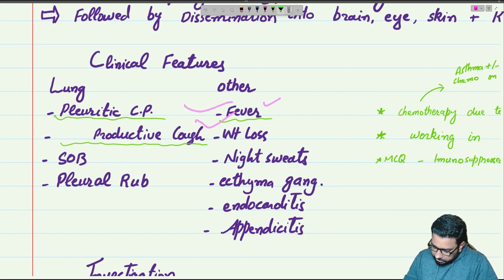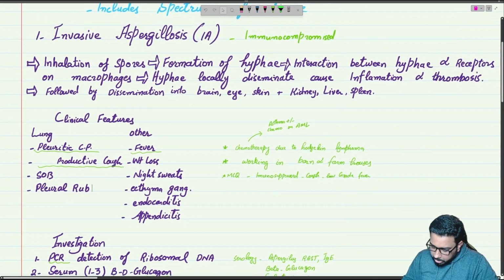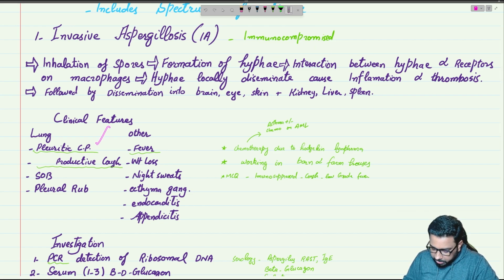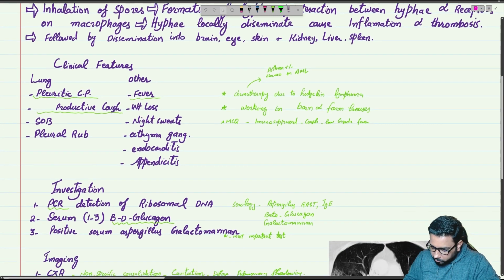So all these things are there. The most important thing to differentiate whether it is invasive aspergillosis or the chronic form, in the question, is hemoptysis. Mostly in the question of invasive aspergillosis, hemoptysis will not be present. So far, someone working as a farmer, immunocompromised, coming in with chest pain, productive cough, fever. We will move on.